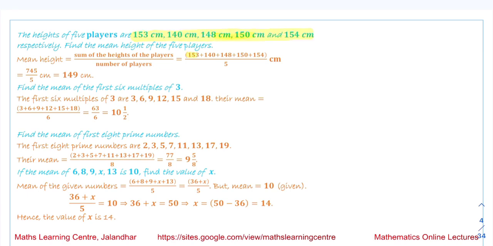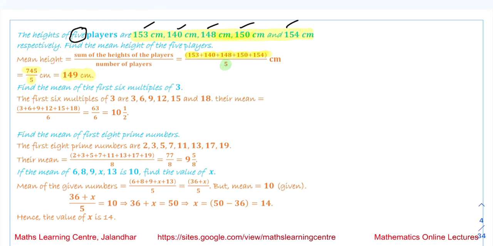So we write 153 plus 140 plus 148, 150 and 154. The number of players is 5, 1, 2, 3, 4, 5 values. So we divide by 5. The sum of these values is 745, divided by 5, and the answer we get is 149 centimeter.